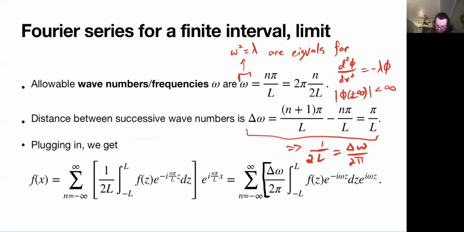Keep in mind that we're summing over n. If we look in here, there's no real n, but how we're bookkeeping things, omega depends on n. So as we sum from n equals minus infinity up to infinity, we're summing over all possible omega.